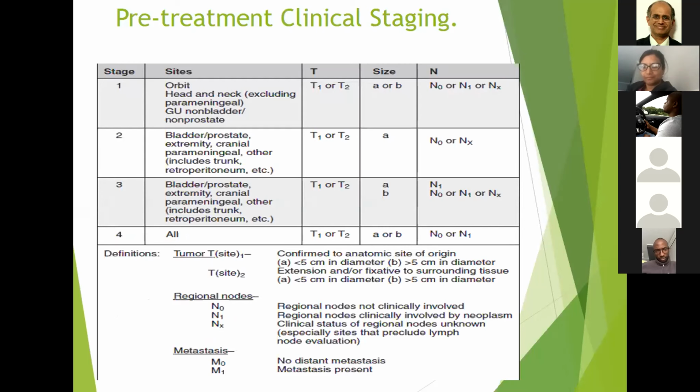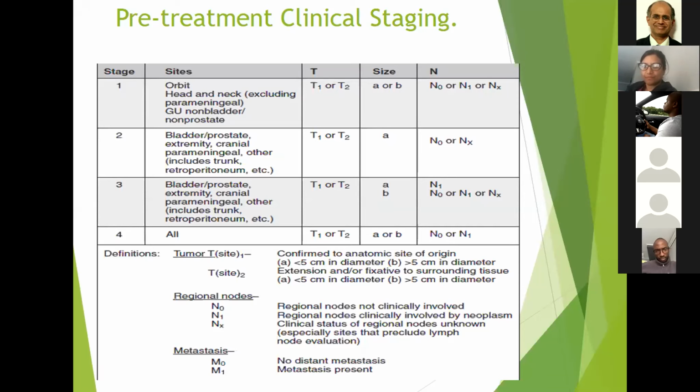So your stage 1 is your tumor which are on the orbit, head and neck, but that excludes your parameningeal, and also your genitourinary system, but it excludes the bladder and prostate. Since the parameningeal, bladder and prostate actually form part of the non-favorable sites, they're not part of stage 1.